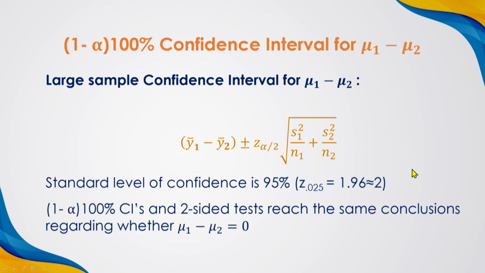The standard level of confidence is 95%, that is z at 0.025 is equal to 1.96, which is approximately equal to 2. The 1 minus alpha times 100% confidence interval and the two-sided test reach the same conclusions regarding whether the difference of two means is equal to 0.